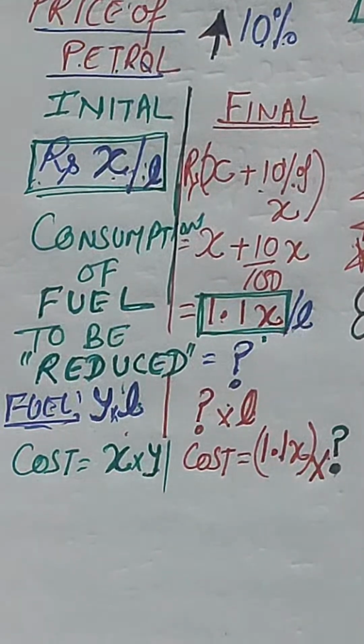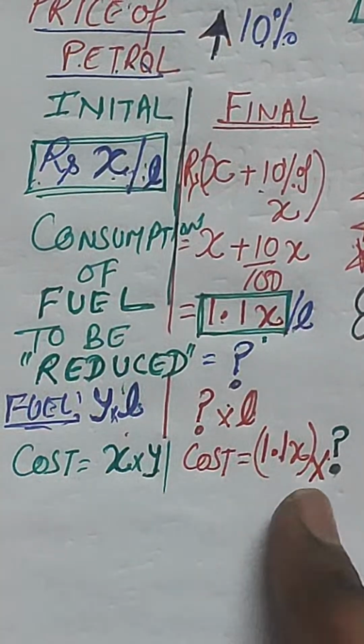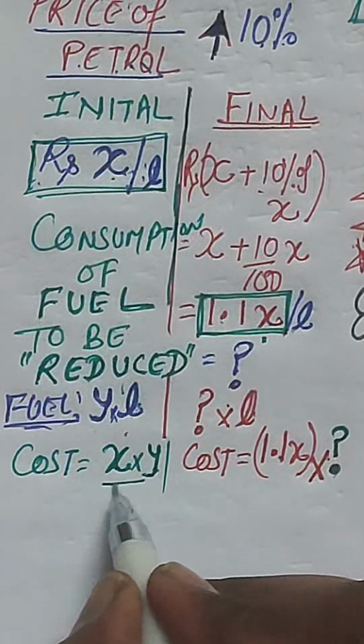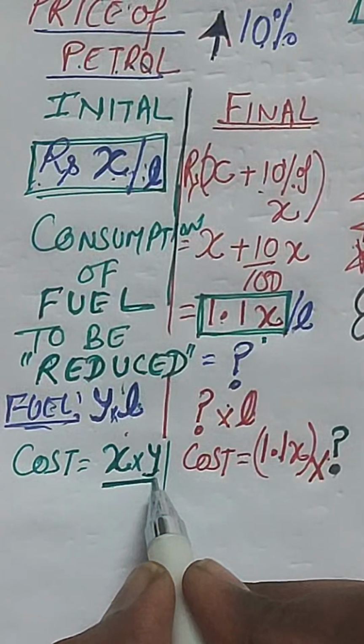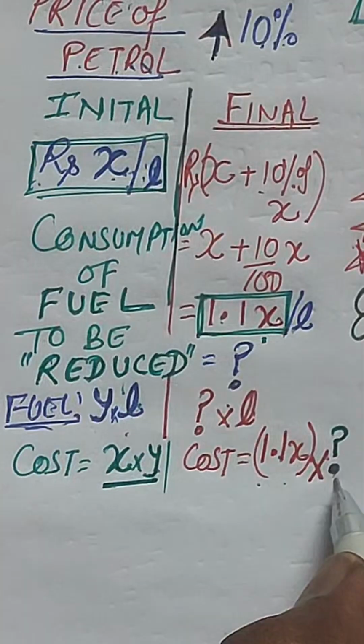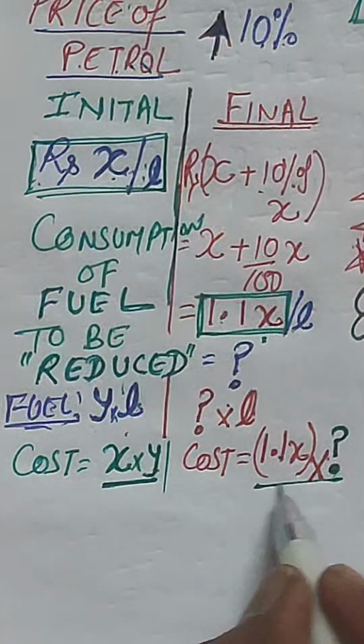This needs to be calculated. This we are not knowing, right? But the expenditure remained the same. So we can say the initial cost was x into y and the final cost was 1.1x into that figure, right? This one.